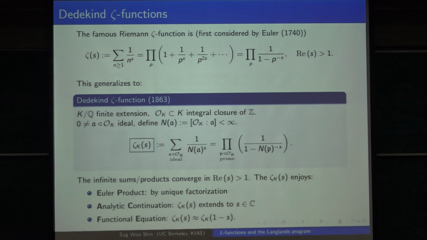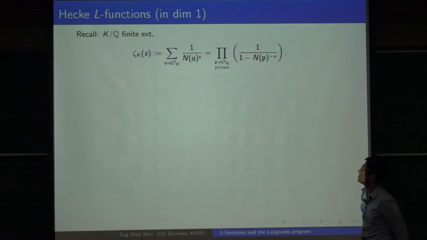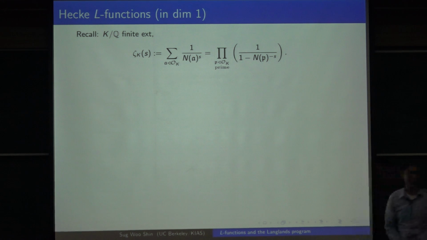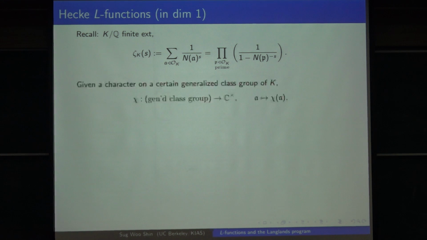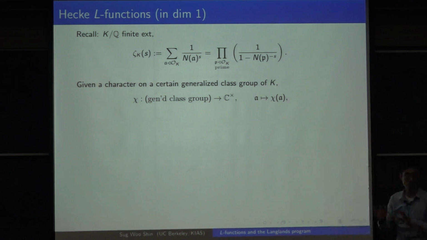All right. Okay, so now maybe 50 years have passed. Now we are looking at Hecke L-functions. Still, you take this finite extension of Q, and I just recall how the Dedekind zeta function was defined. Now what you do is, well, it gets a little technical, so I'll just say generalized class group, but I'll show you some examples later.